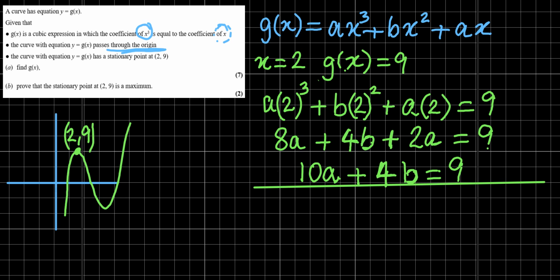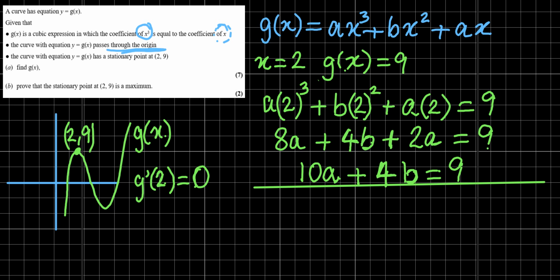The next one is the fact that it has a stationary point at (2, 9). So that means we're going to do the derivative of g of x at 2, and that would give us 0. So we're going to do the derivative of our g of x with the unknown letters.